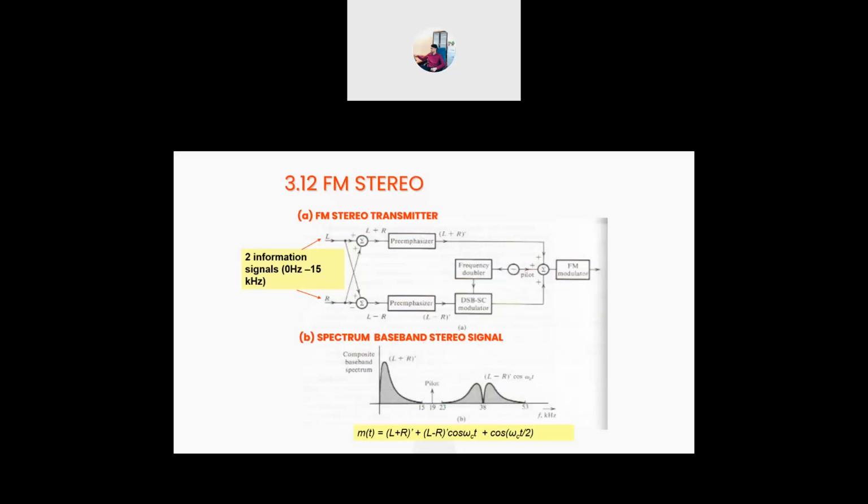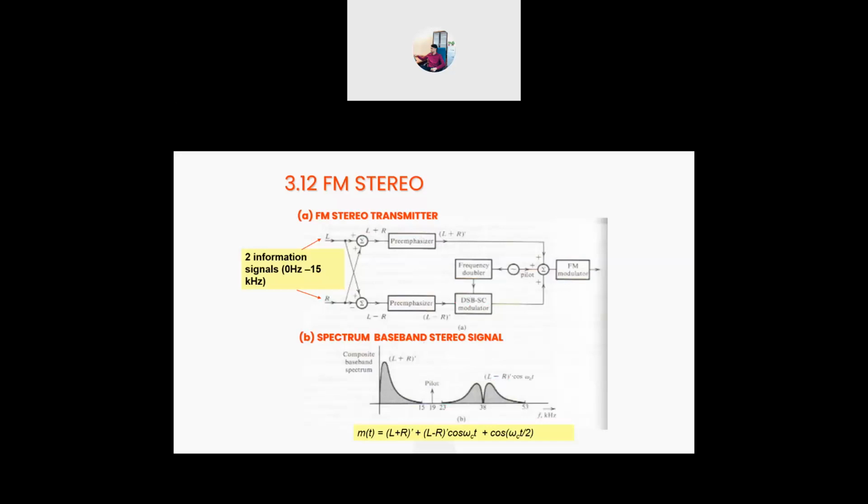This is your left plus right prime, from 0 to 15 kilohertz. The next is your left minus right prime with cos omega ct. Because we have double sideband suppressed carrier here, you are going to have 23 until 53 kilohertz.